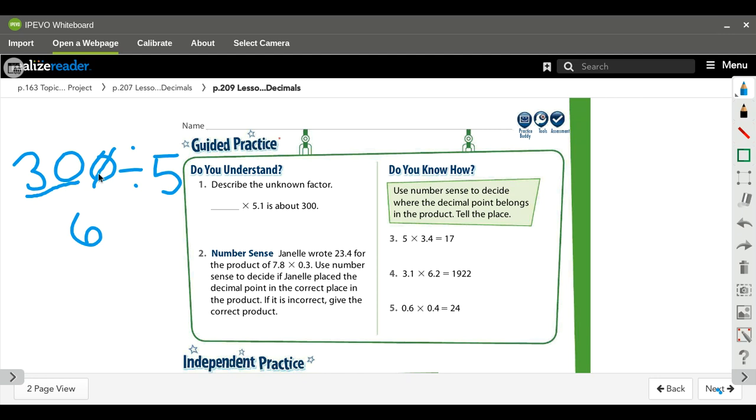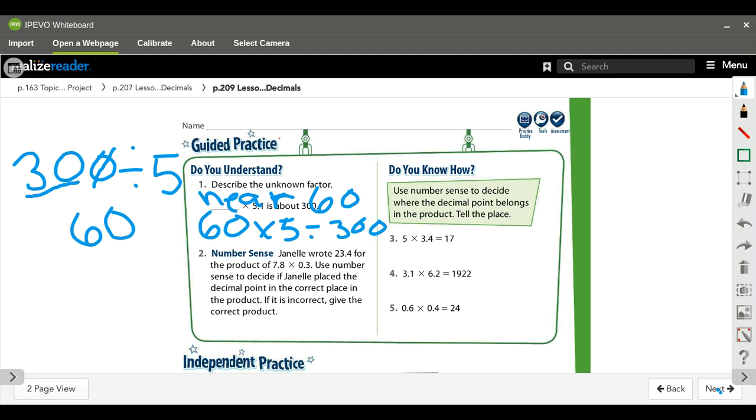I can't just ignore it. So I'm going to put it back on. So the factor that is going to be there is going to be 60, because 60 times 5 is going to equal 300. So the factor is going to be near 60. So near 60 is going to be my answer.